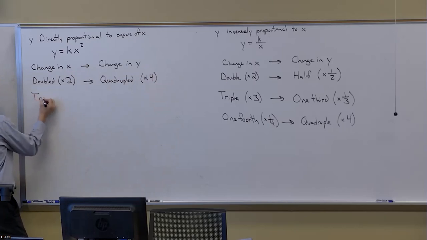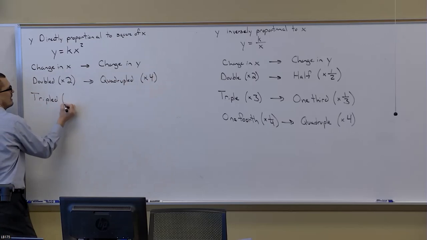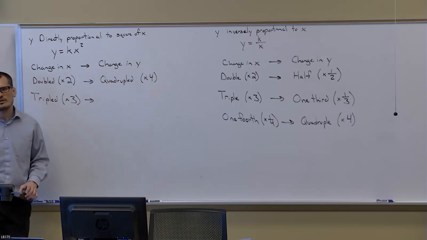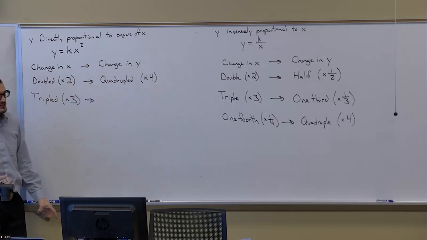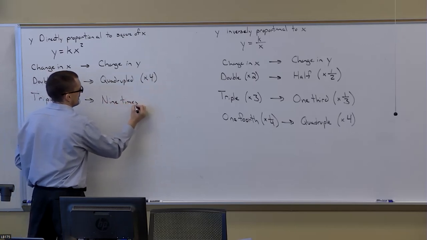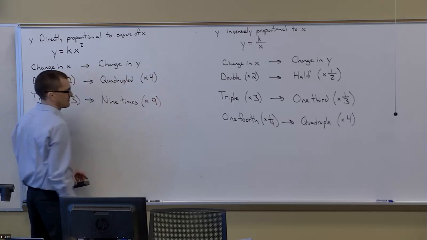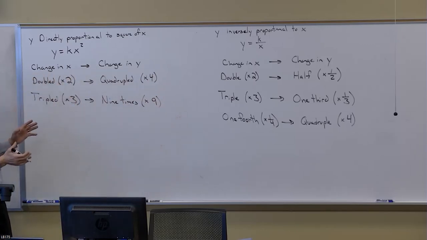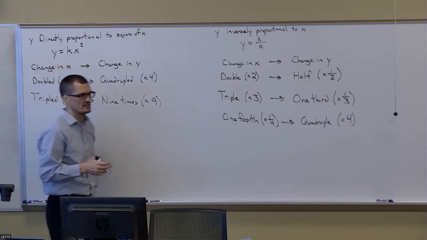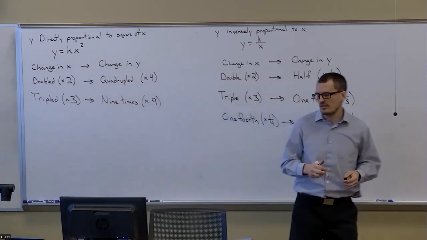And if the change in x is tripled, so times 3, then we have to go 3 times 3 as the change in y, which is times 9. We've got to square. So when I say that's where the words come from, with y directly proportional to x, y inversely proportional to x. But if you throw in something like x squared, then obviously it changes in the appropriate manner.